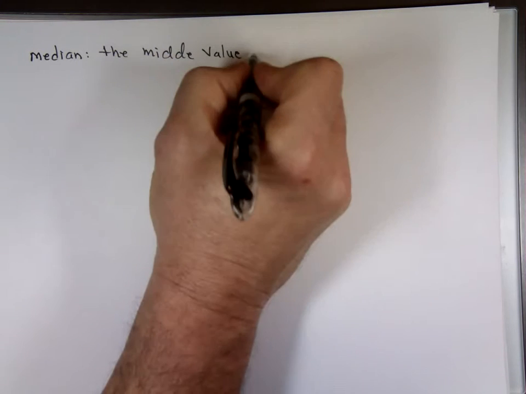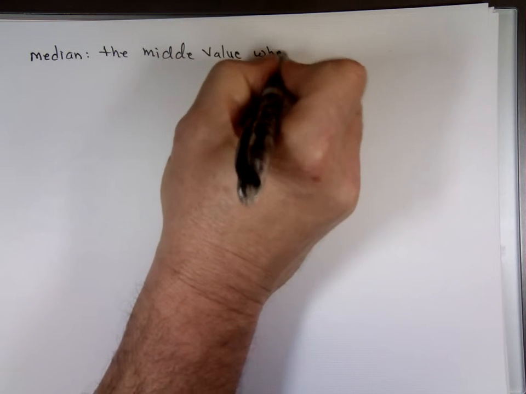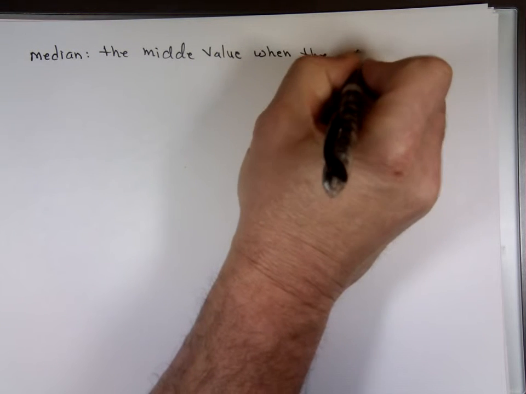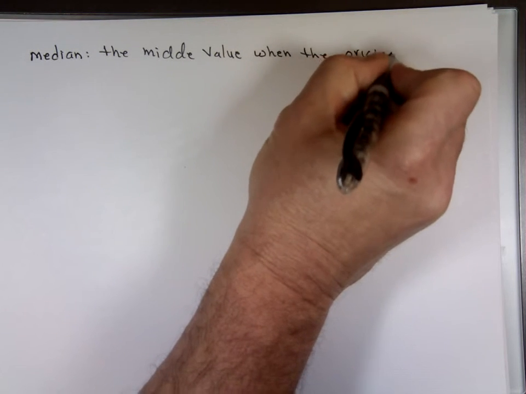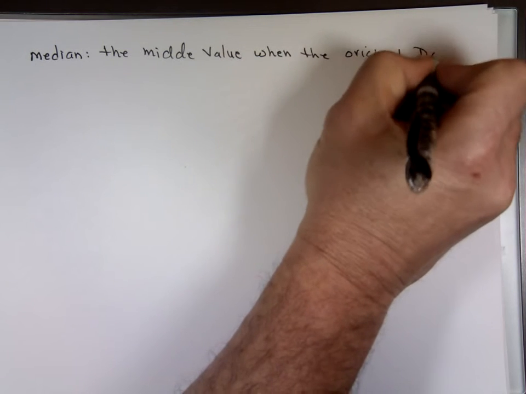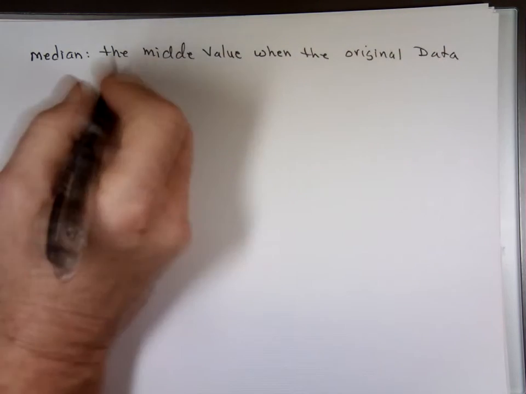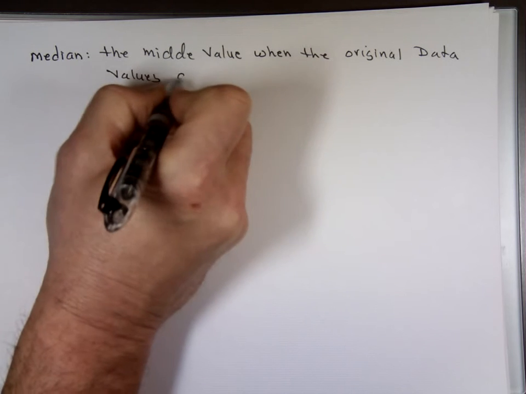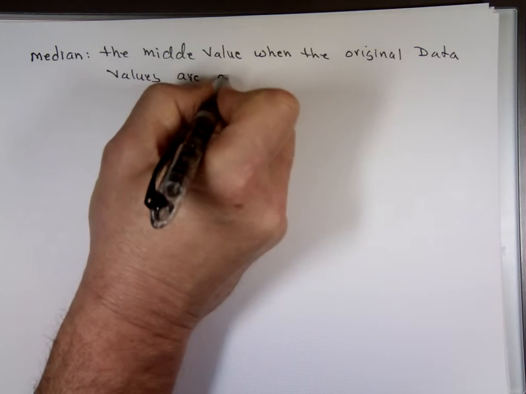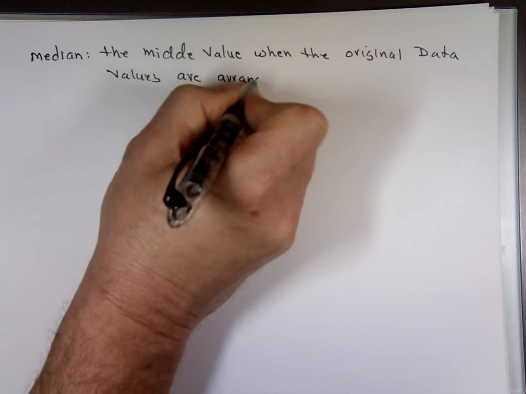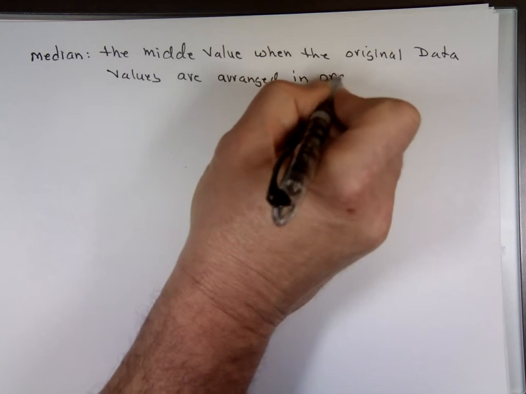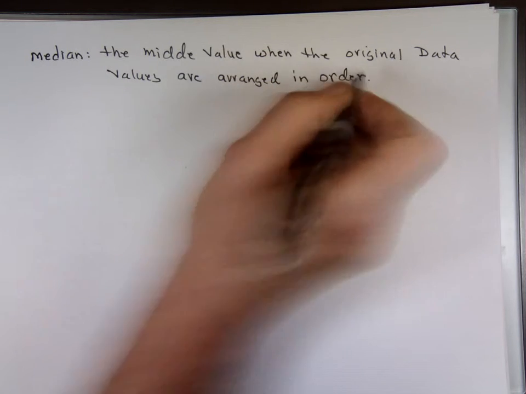But that's only correct when what? When the original data values are arranged in order, either from small to large or large to small.